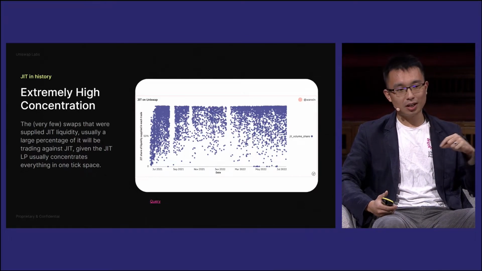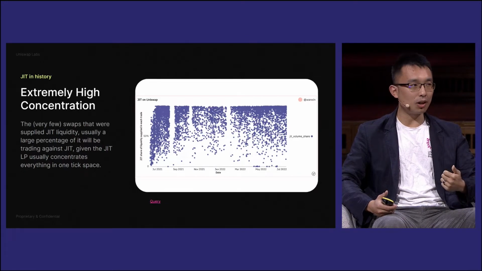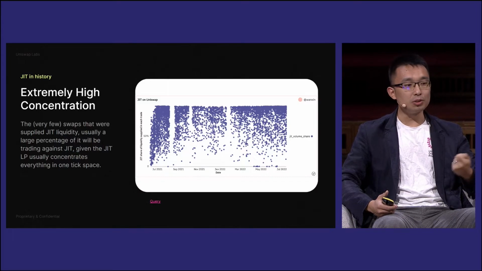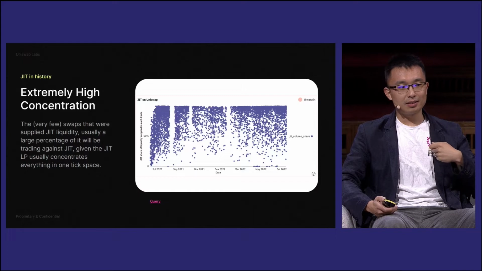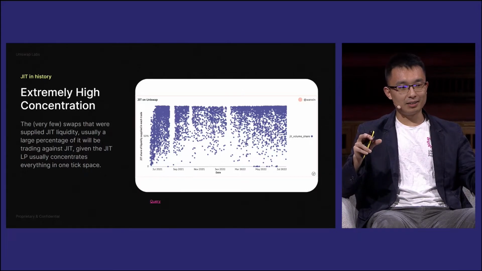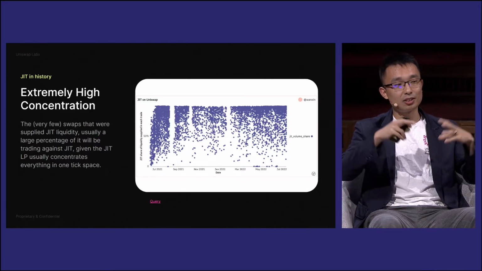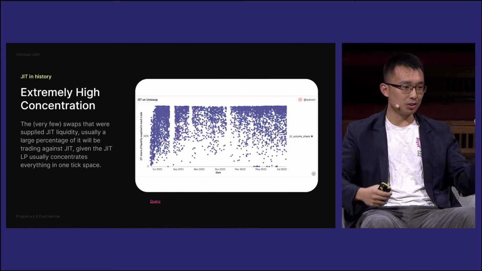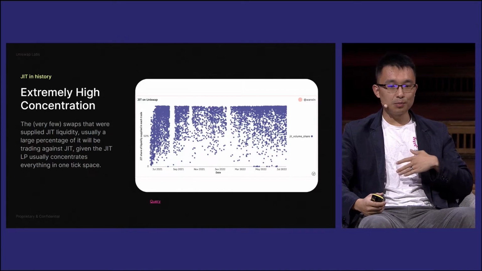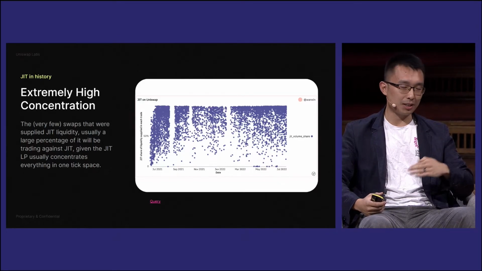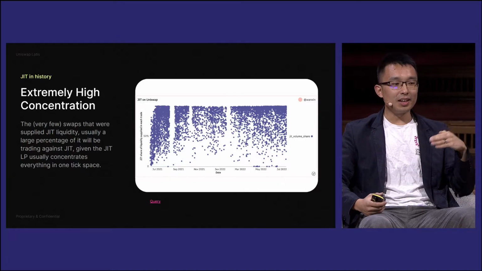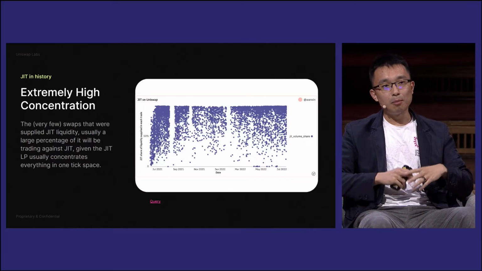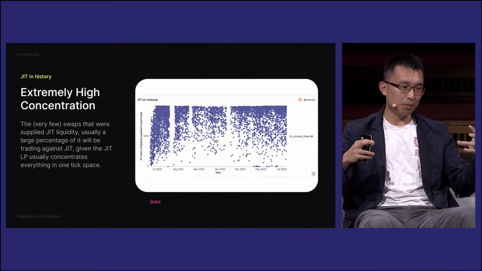Each dot here represents one swap that was using just-in-time liquidity as its counterparty. And you see that all these dots are clustered at the top of the graph, and a lot of them are very close to 100%, meaning when you have just-in-time liquidity, it tends to take a majority of that swap as its counterparty.